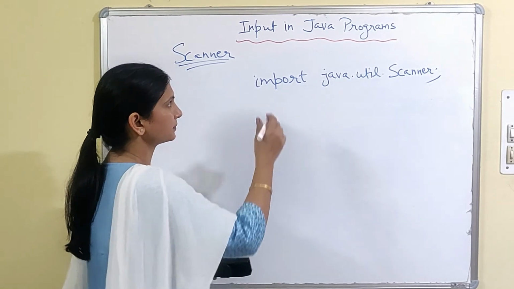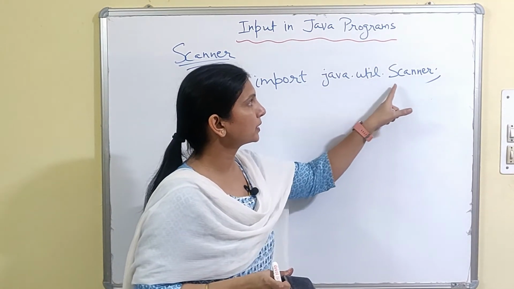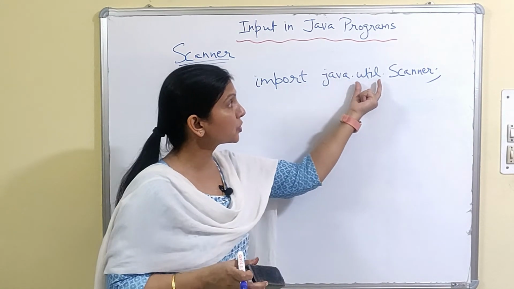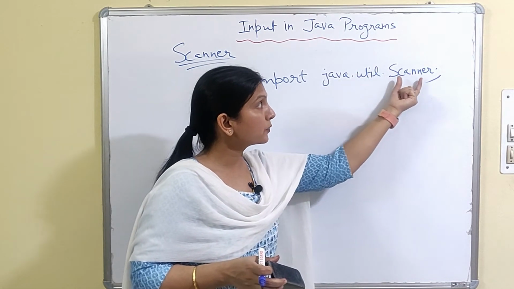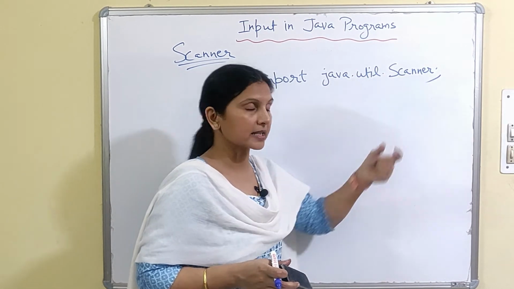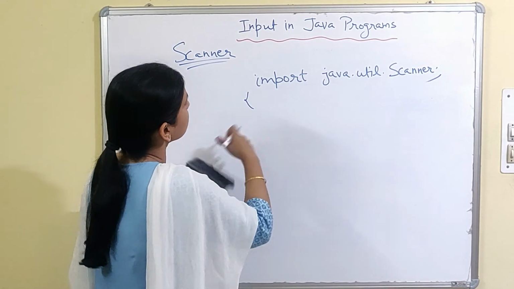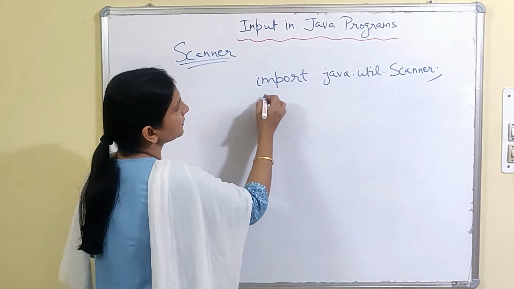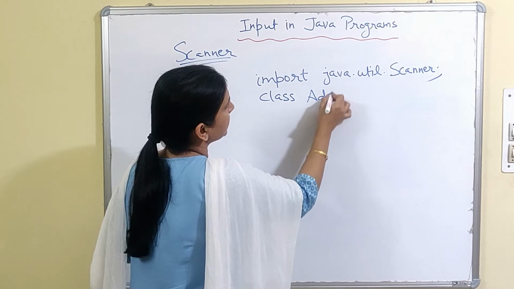So let's make it. The first statement will be import java.util.Scanner. Fine. It means you are importing the util package, and from the util package we are importing the Scanner class. Then after the semicolon, class. Same class, I am taking Addition.